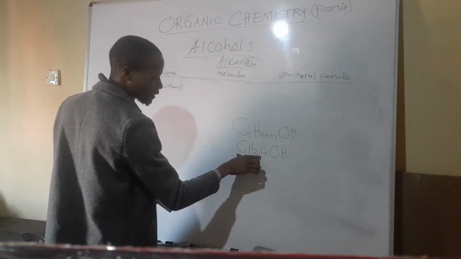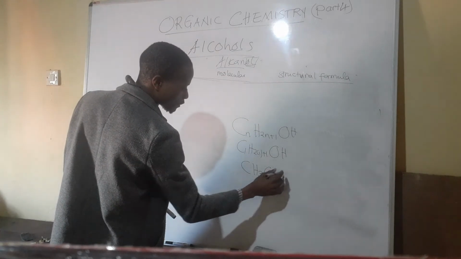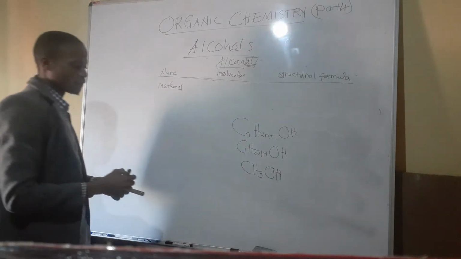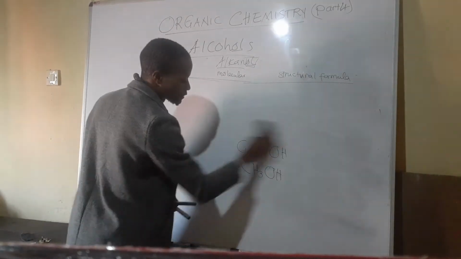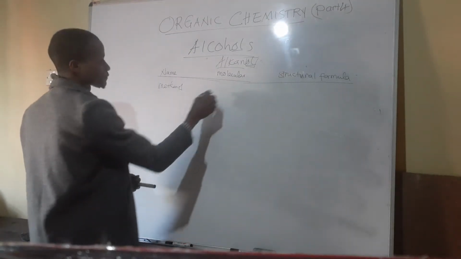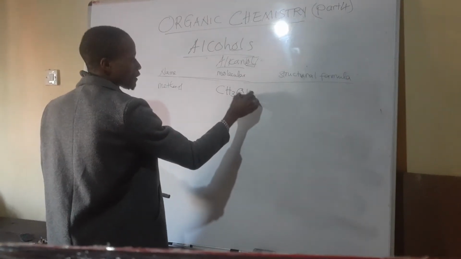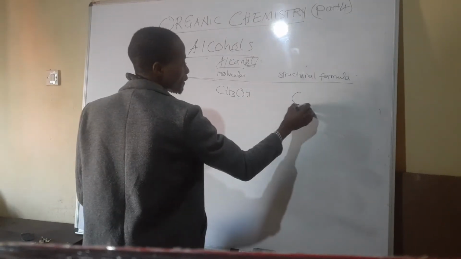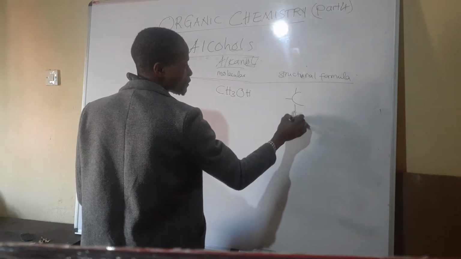H2 times 1 is 2, plus 1 is 3, then OH. So the molecular formula for methanol is CH3OH.